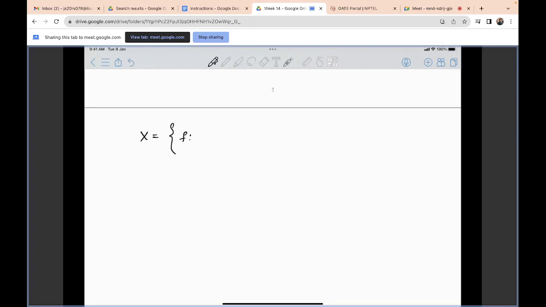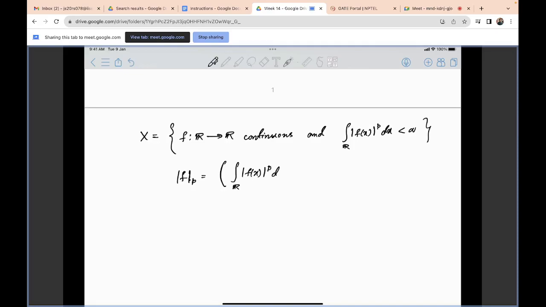X is the set of f from R to R, continuous, and the integral over R of |f(x)|^p dx is finite. Then we have defined this ||f||_p to be the integral of |f(x)|^p dx, to the power 1/p.